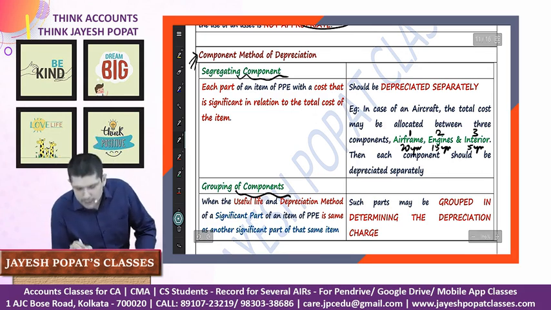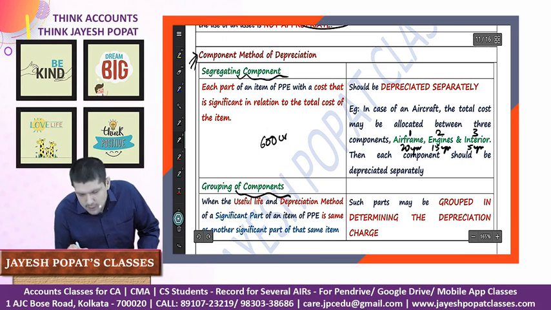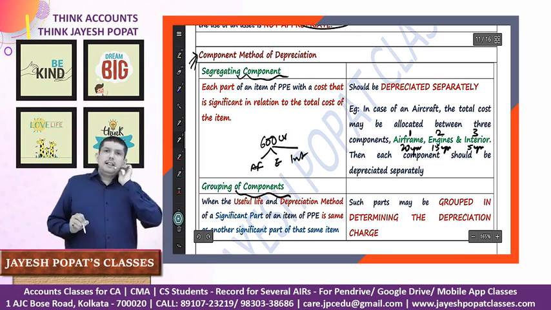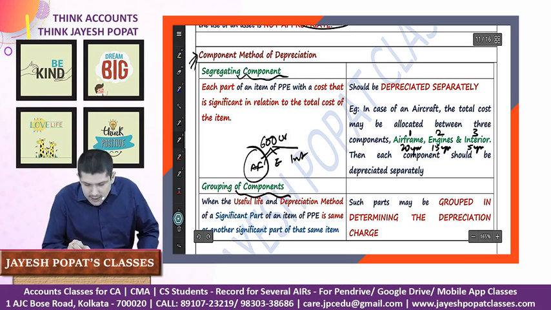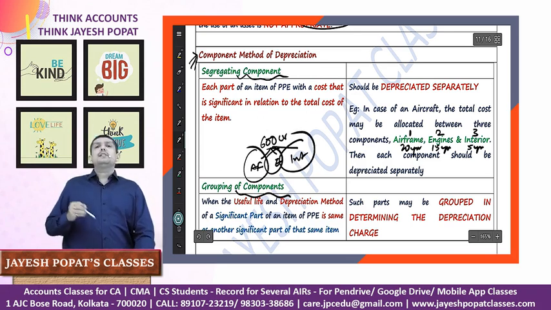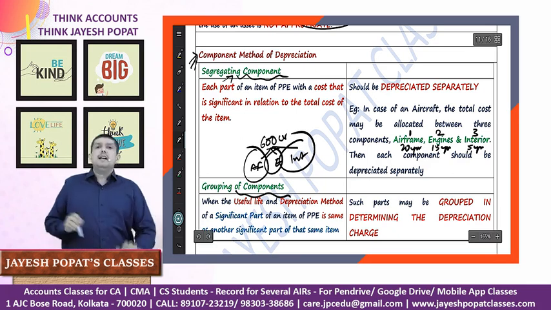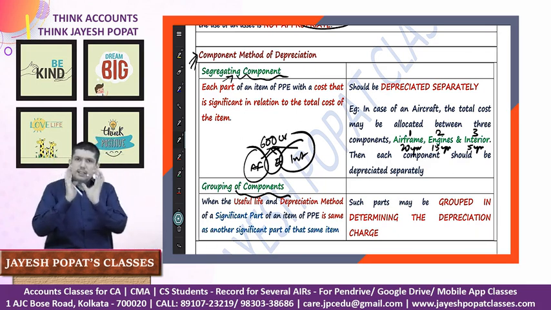So maybe an airplane costs 600 crore rupees. What you need to do is allocate this 600 crore between the airframe, the engine, and the interiors, and depreciate each of these components based on their respective useful life. That is known as segregating the components. You have the airplane as a single unit, right?